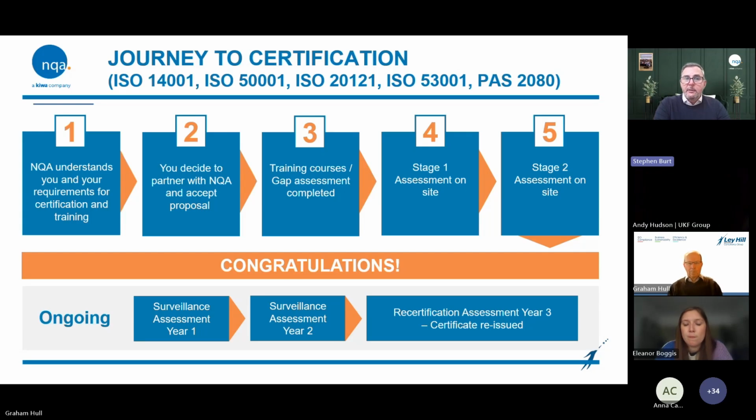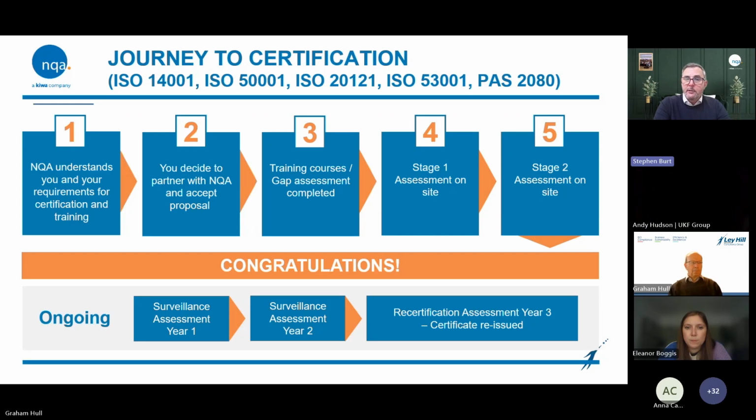So I've kind of mapped out the steps there. We'll always try at the beginning of the process to understand what your needs are and whether there's any training requirements. We have NQA training, which offers various accredited training courses as well. We usually come to site to perform, if it's your first time being certified to ISO 14001, for example, a stage 1 assessment.